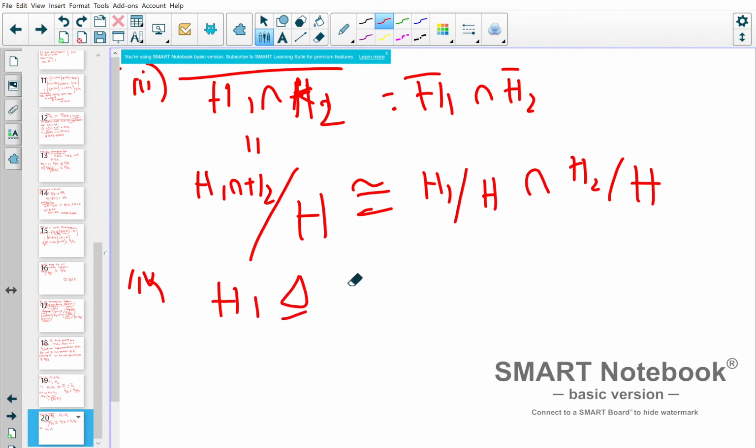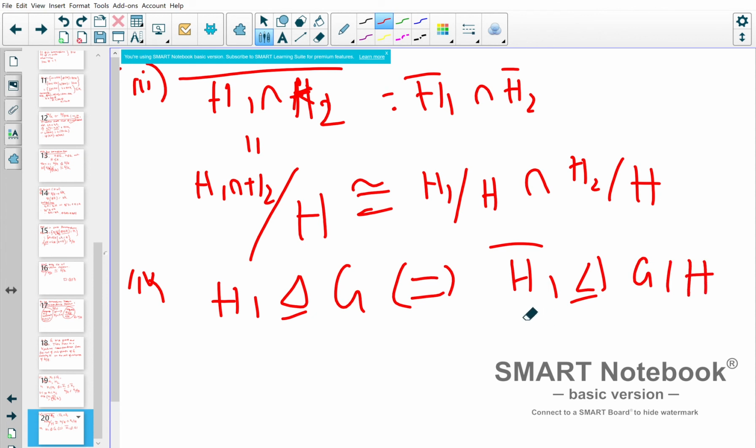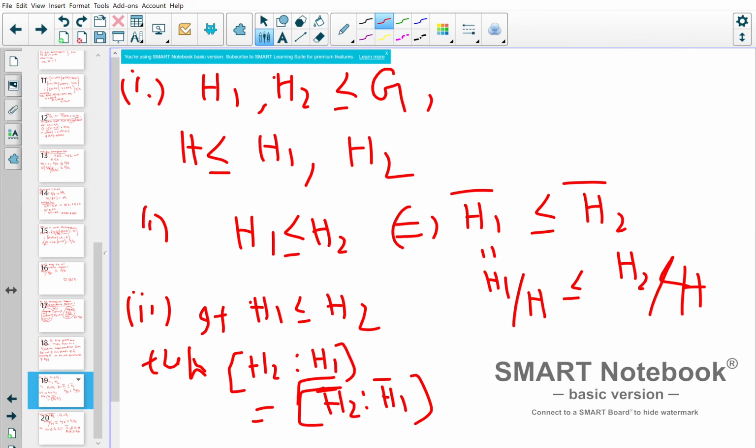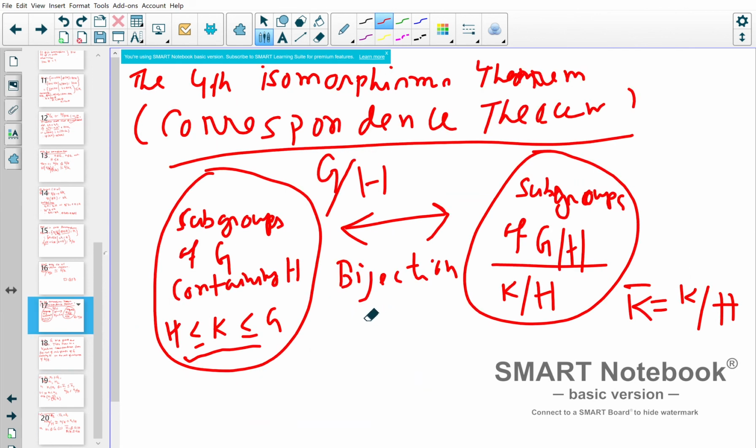H1 is a normal subgroup of G if and only if H1 bar is a normal subgroup in G mod H. That means H1 mod H is a normal subgroup of G mod H. This is if and only if, both ways. And these proofs are obvious. You just define the map, and check whether it is a bijective map or not.